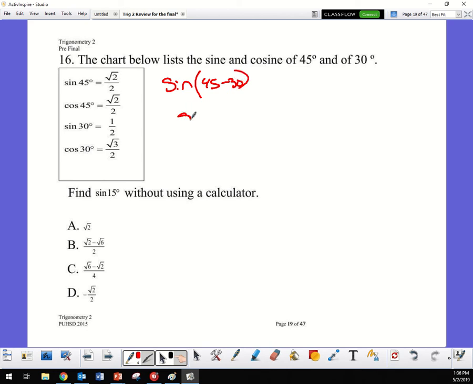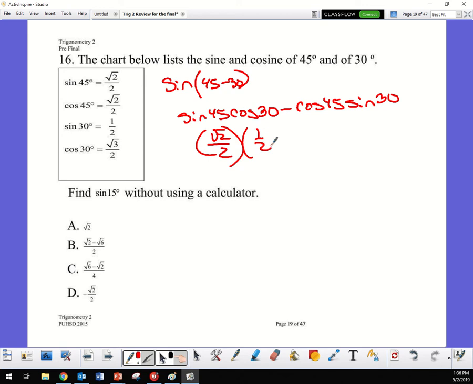So that's going to give me sine 45 cosine 30 minus cosine 45 sine 30. So sine 45 is rad 2 over 2 times cosine of 30, which is 1/2, minus cosine 45 is rad 2 over 2, and sine 30 is rad 3 over 2.